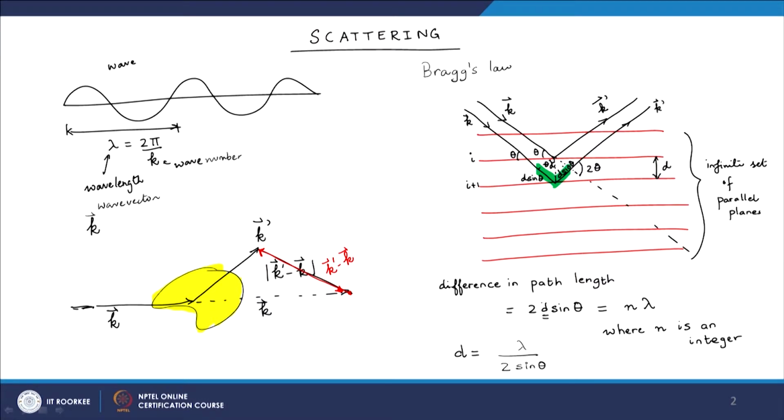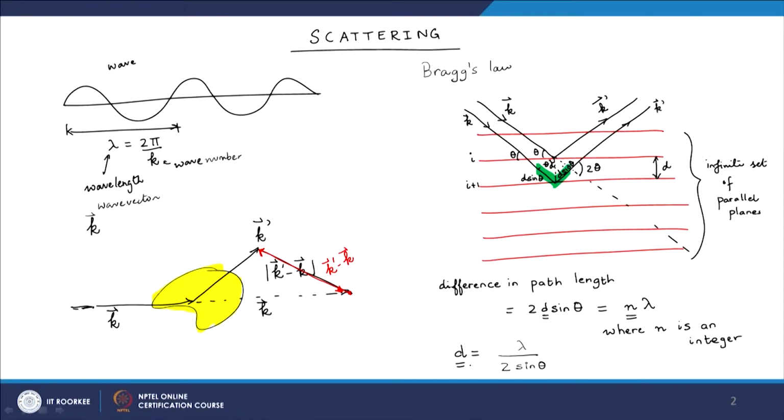Okay. So, note that when I say a d here, that can be the difference between any two planes. That is why I have used n here. This d is between the two adjacent planes.